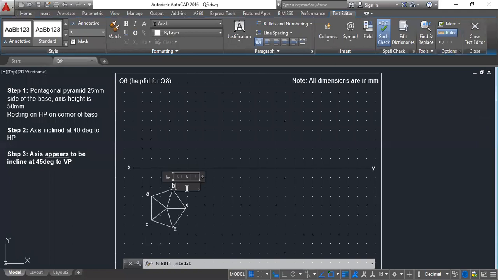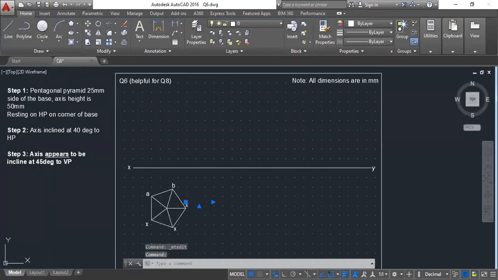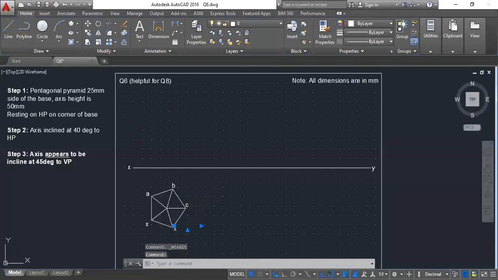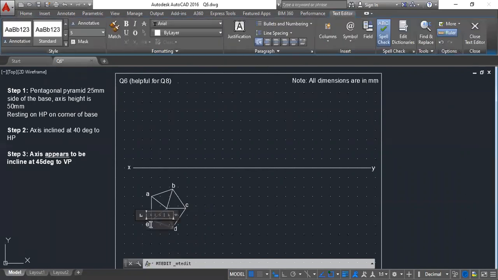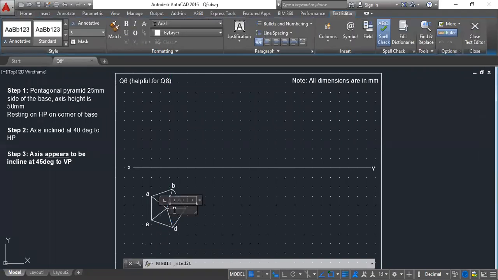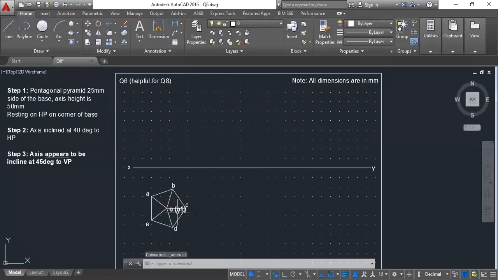So A, B, C, D, E, and the center: the top of the axis will be O, and below that we will have O1. O is the top of the axis and O1 is the base of the axis. So that's how we can find it.